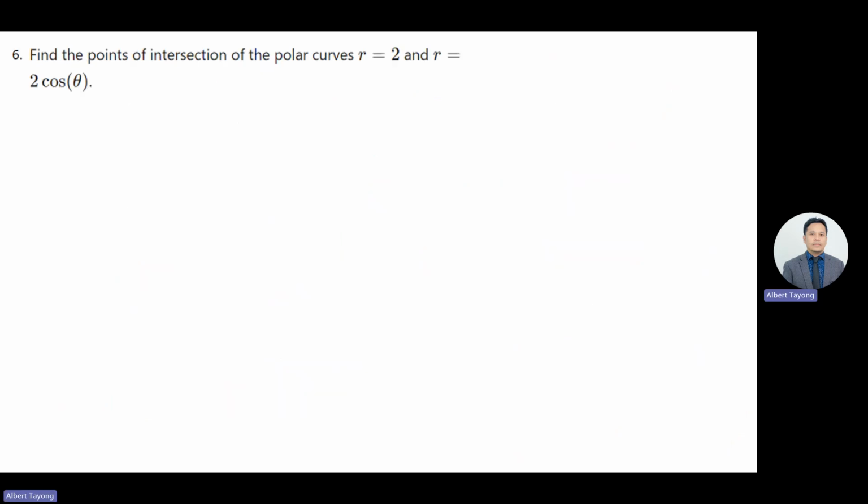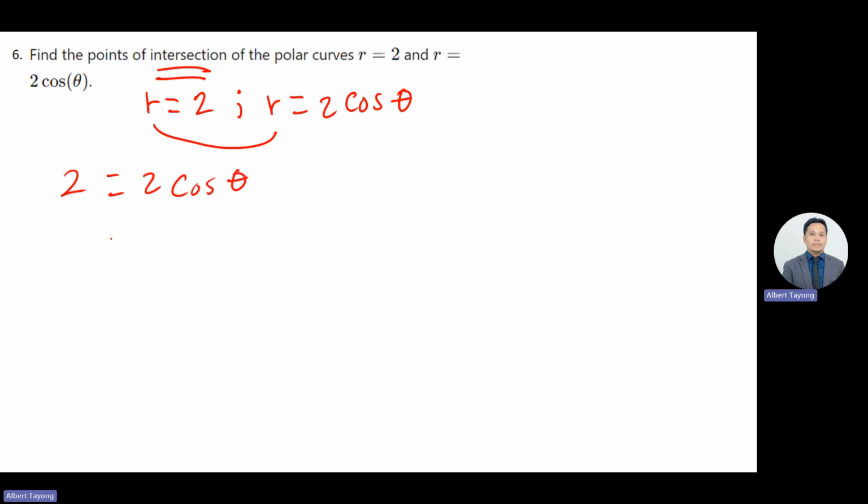Now here we are asked to find the points of intersection of the polar curves. The first curve is r equals 2, and the second one is r equals 2 cosine theta. You know that if it is a point of intersection, what we're going to do is to equate our equations, like what we do in pure mathematics, in algebra. So this is r and this is r. 2 is equal to 2 cosine theta.